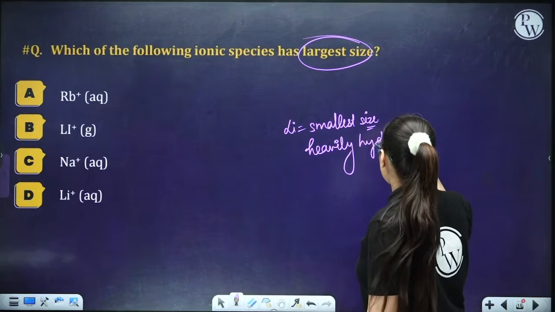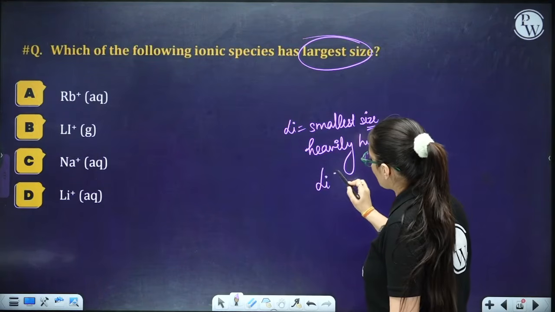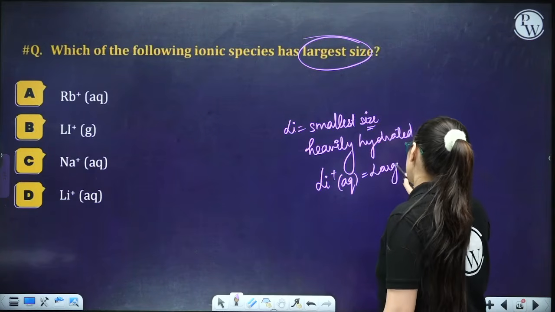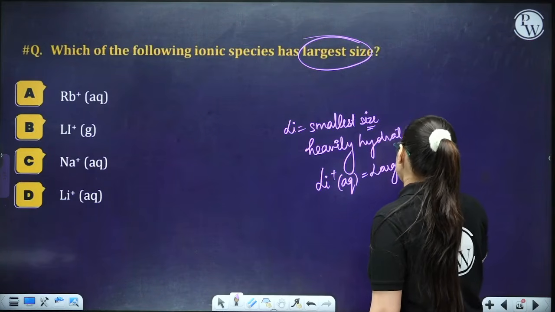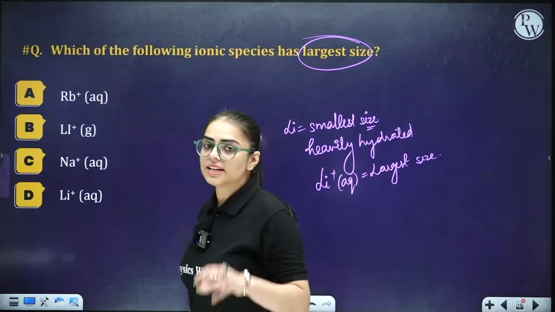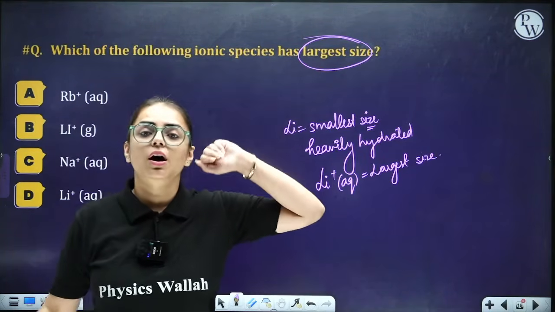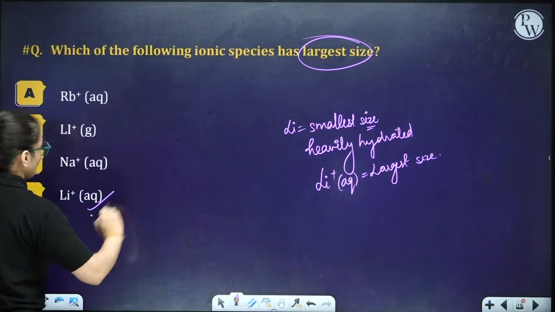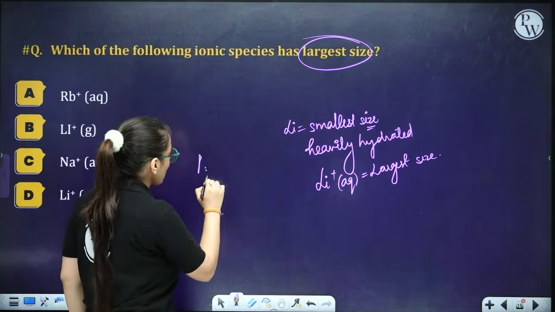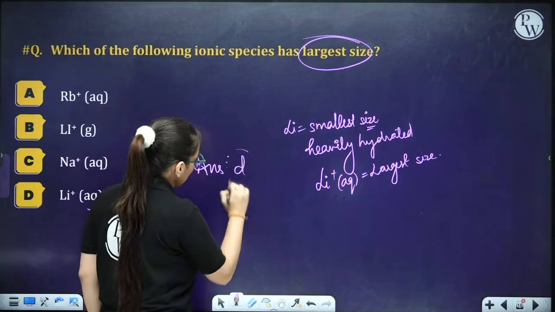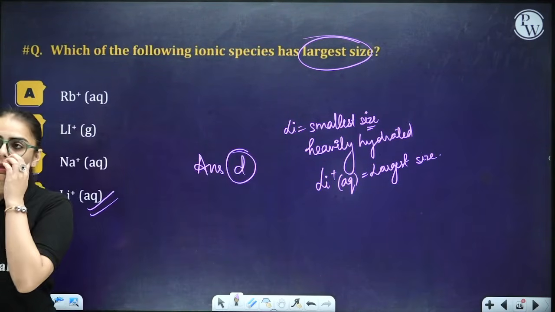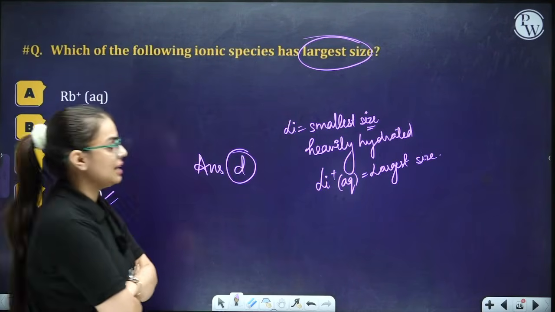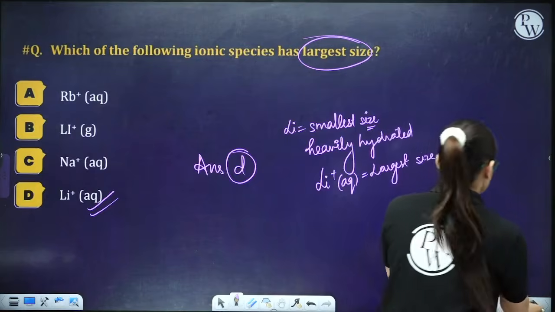And if it is heavily hydrated, then lithium positive ion in aqueous form will have the largest size. The smallest size will have the largest size in aqueous medium because it will be heavily hydrated. That means lithium aqueous will be the right answer. Hence, option number D is the right answer. Everybody write it down so that I can move on to the next question now. Done, students? Okay.